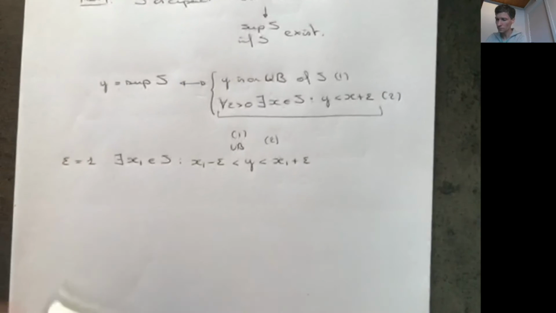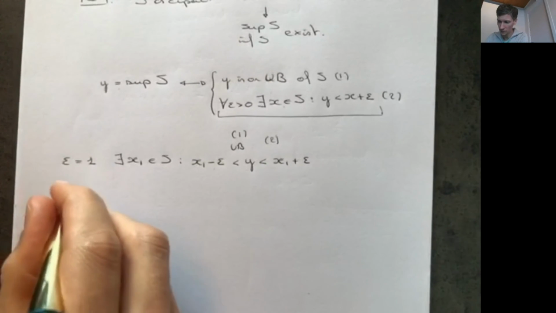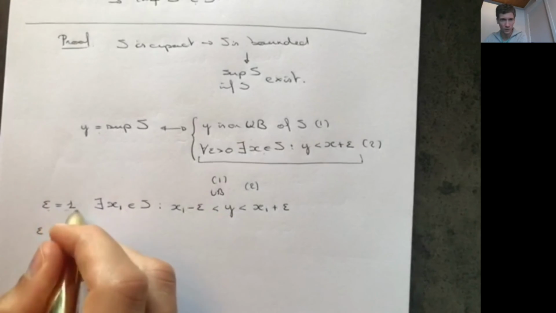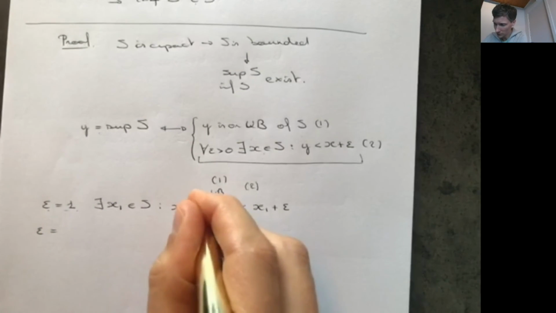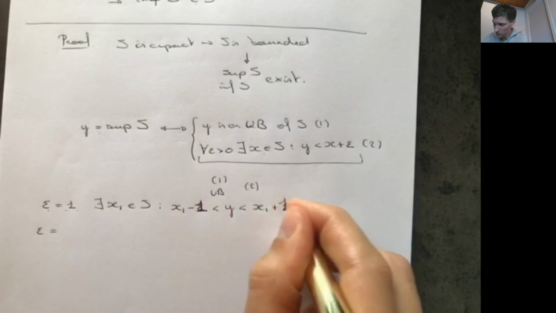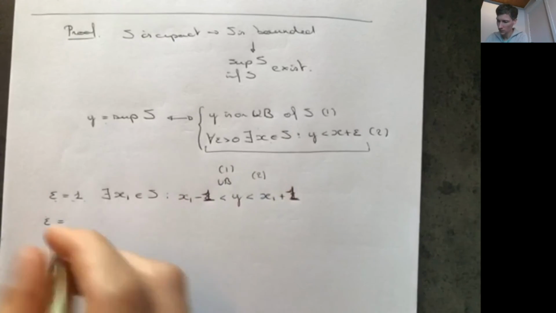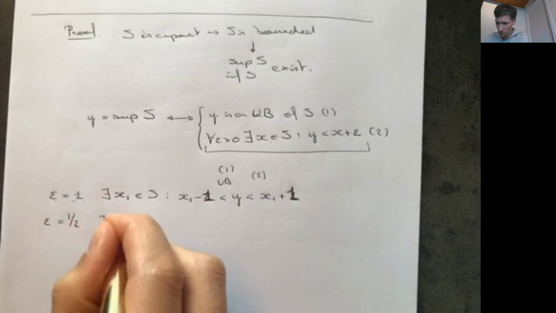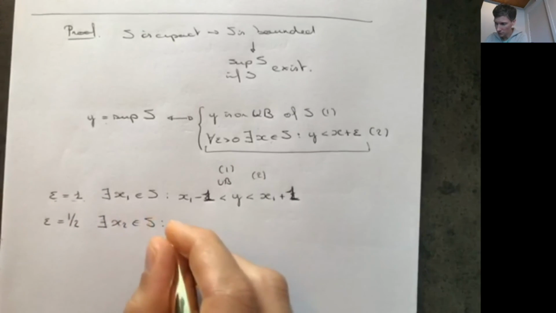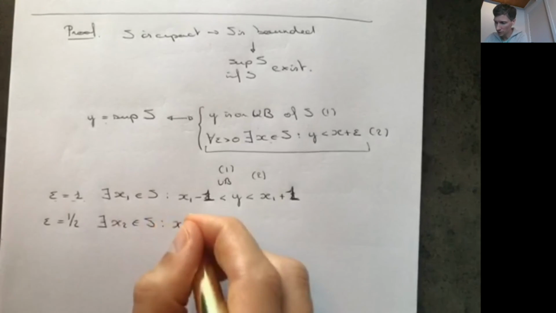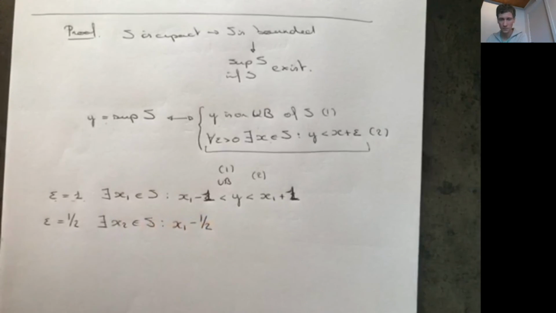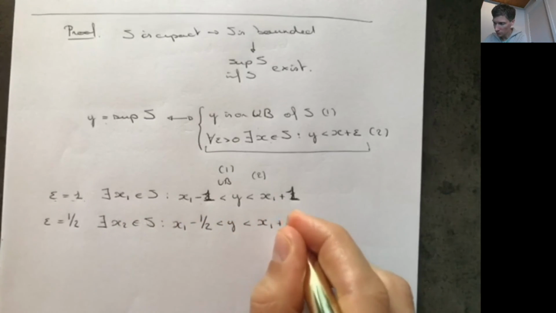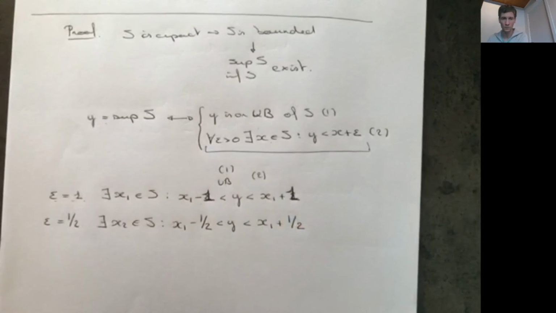Okay, I can do the same. I can take epsilon to be equal to 1, so let me do this here, minus 1, and here plus 1. I can take epsilon to be 1/2, then I know that there is an x2 in S such that x2 minus epsilon, which is now 1/2, is smaller than y, which is smaller than x2 plus 1/2.